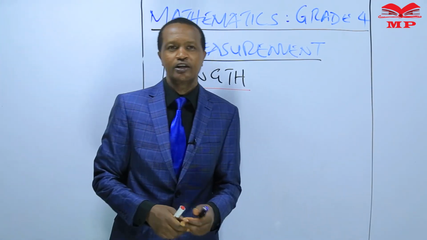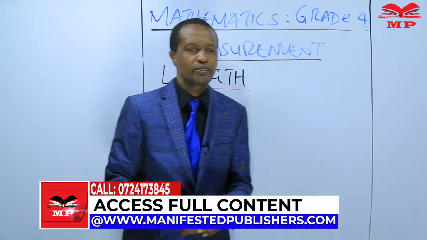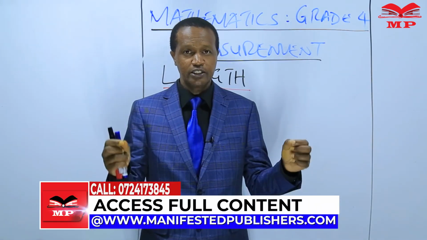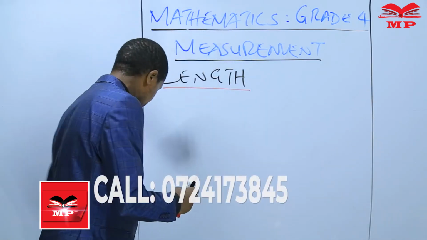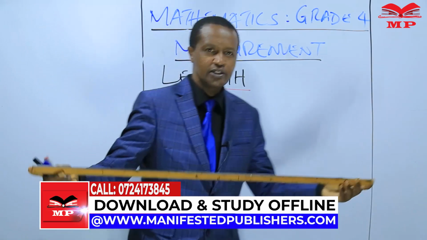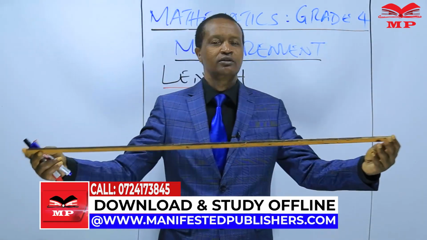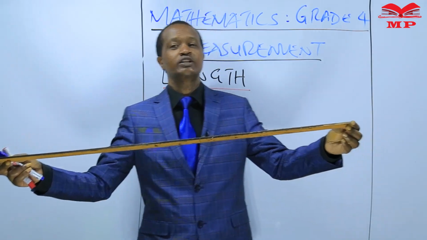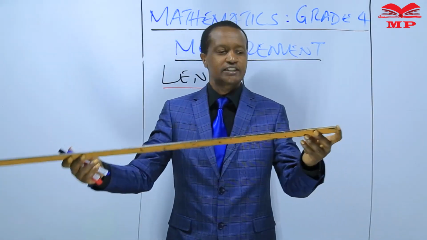Now, the meter ruler. I know you've seen a meter ruler before. This is my meter ruler. Learners, this meter ruler is marked into 10 equal parts.